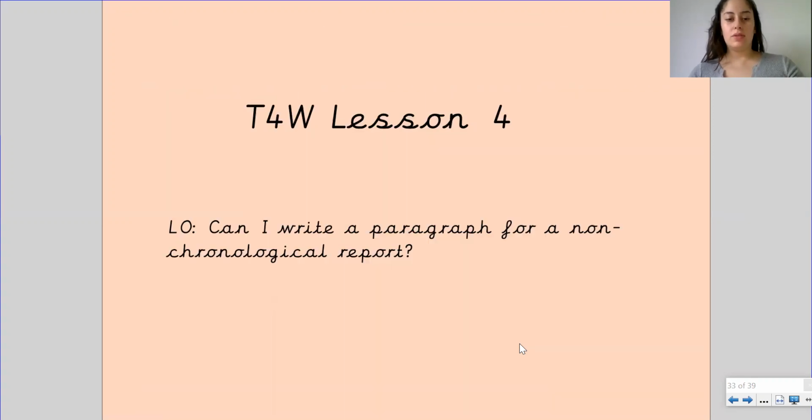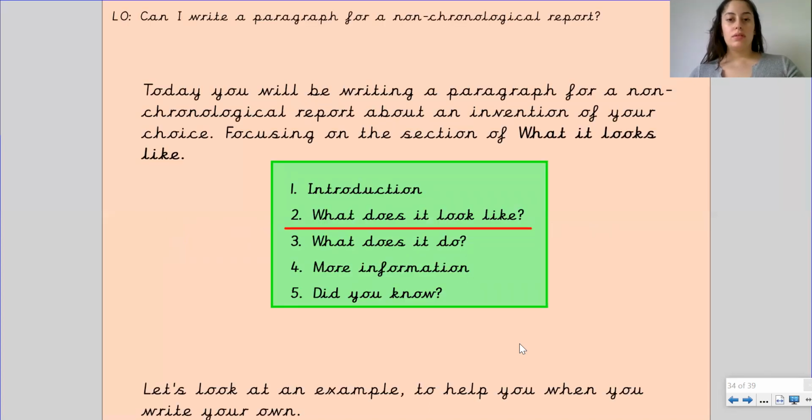Okay, today's learning objective is, can I write a paragraph for a non-chronological report? If you noticed on our text map, the sections are separated under subheadings and into different paragraphs. And the subheading says what that paragraph is going to be about. So we'll be writing a paragraph for a non-chronological report about an invention of your choice.